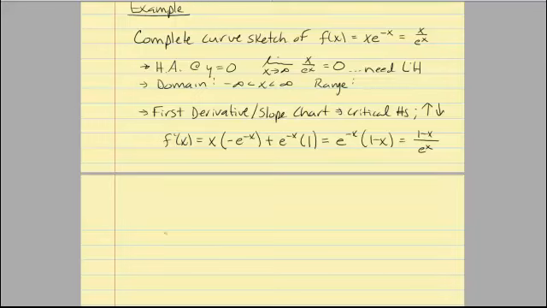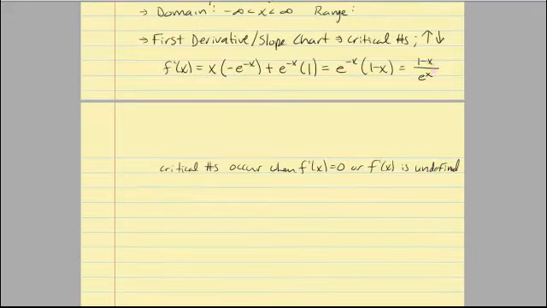So critical numbers. Critical numbers occur when our first derivative is equal to 0 or is undefined. So what makes this equal to 0 is if I have a 1 in the numerator, so therefore x equal 1 is a critical number.